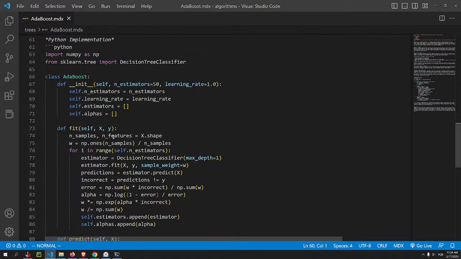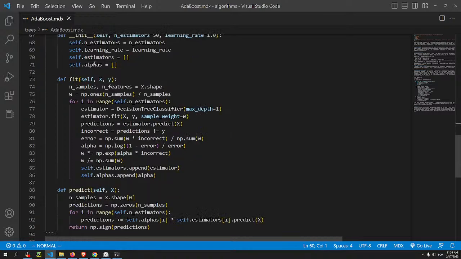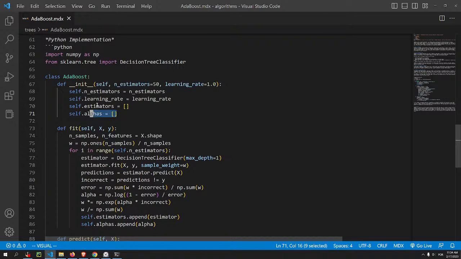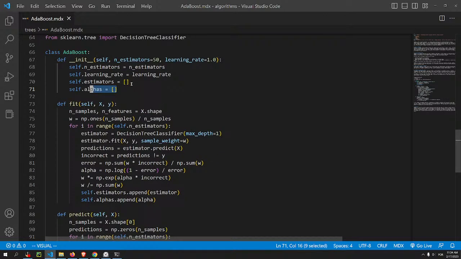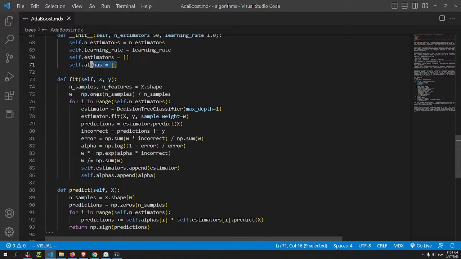Yeah, now let's just look at this algorithm. Estimators, learning rate, and the alphas, which are used to calculate the weights at each iteration, as far as I understand now. X shape.